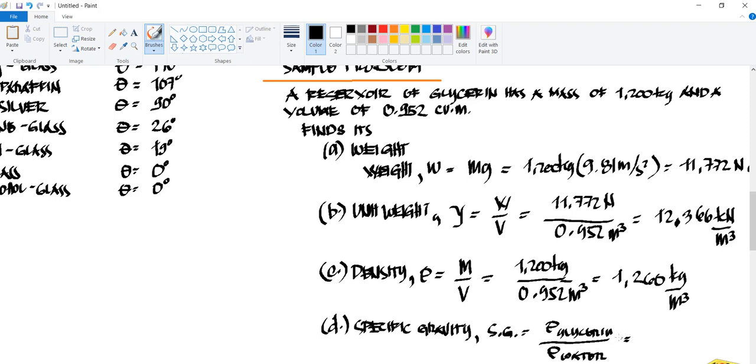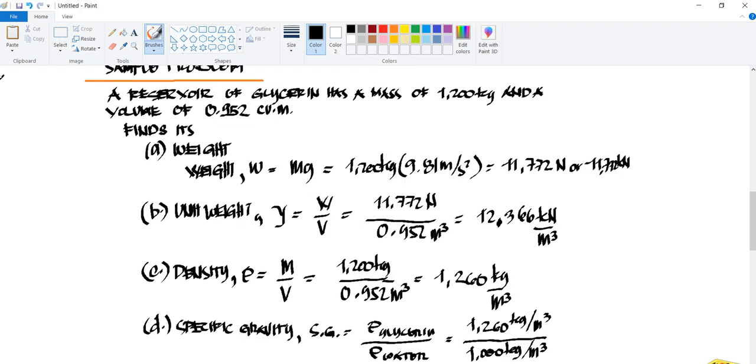We have already computed the density of the glycerin, which is 1260 kilograms per cubic meter, divided by 1000 kilograms per cubic meter, the density of water. Using your calculator, the answer is a specific gravity of 1.26.